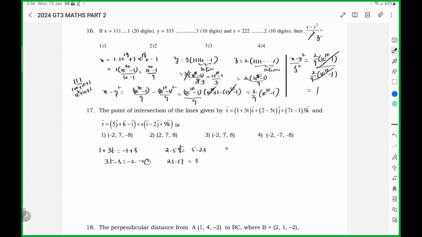Comparing k coefficients, 1 plus 9s, and 21t minus 3.